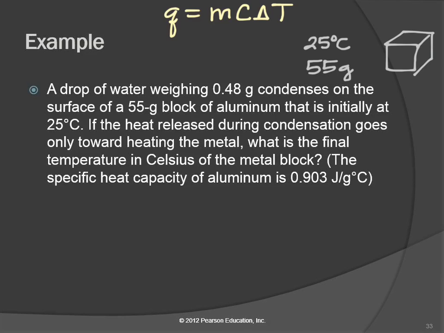And what's happening to that block of aluminum? Something about a drop of water, right? So here's a drop of water, and the drop of water weighs 0.48 grams. You read that okay?